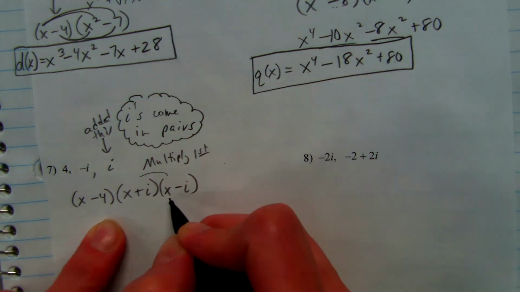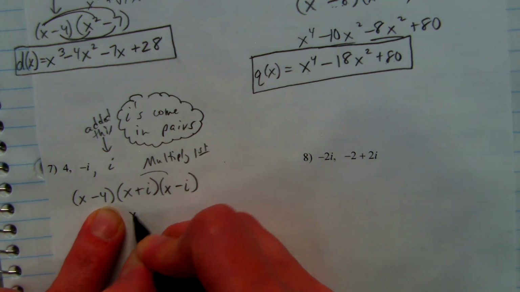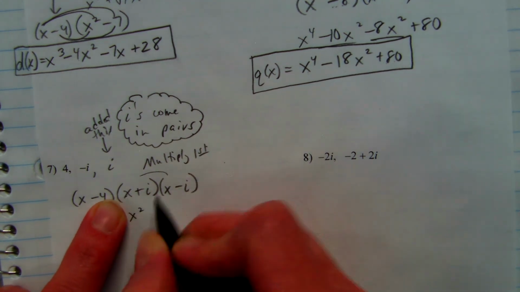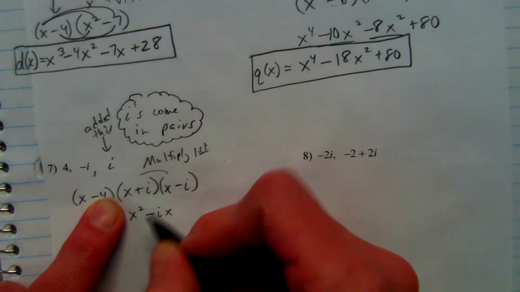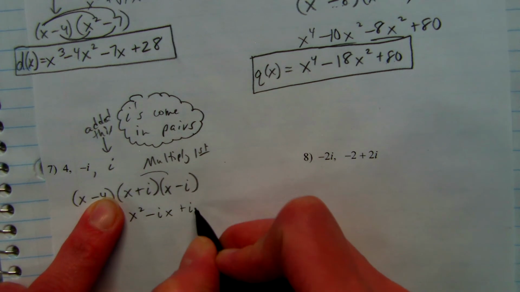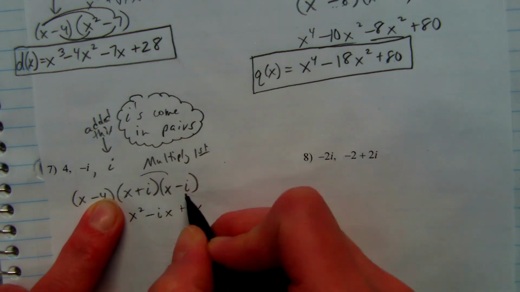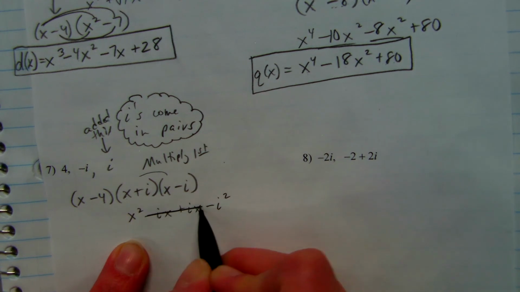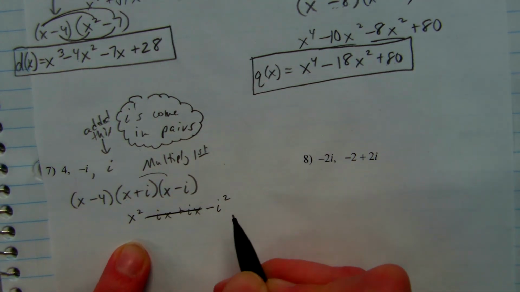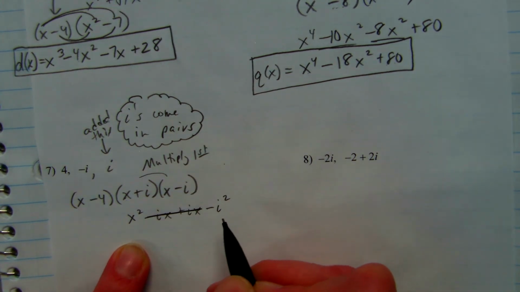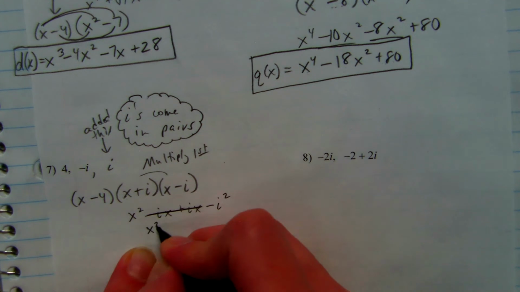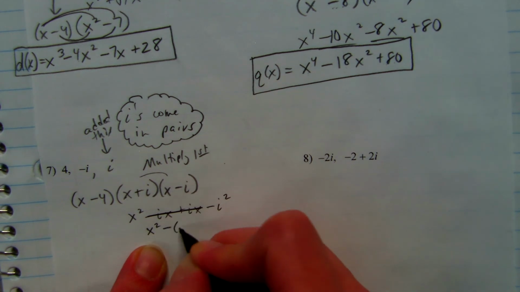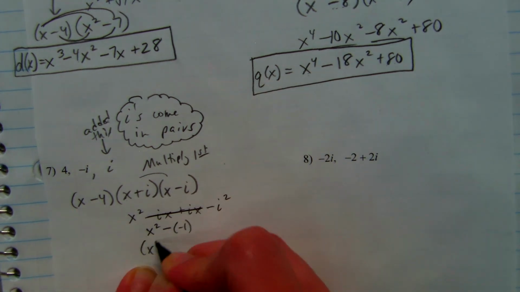So, if we multiply this out, x times x is x squared. X times negative i is negative ix. I times x is positive ix. Positive i times negative i is negative i squared. This middle part cancels. i squared is the same thing as negative 1. So basically you have x squared minus negative 1, which makes this x squared plus 1.